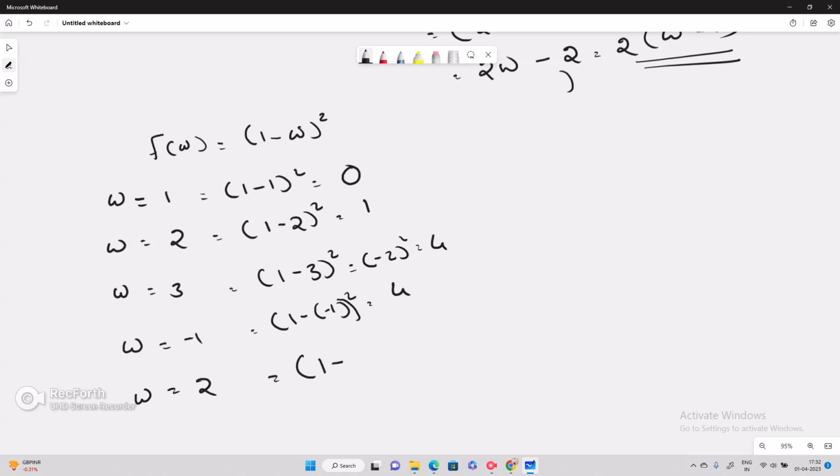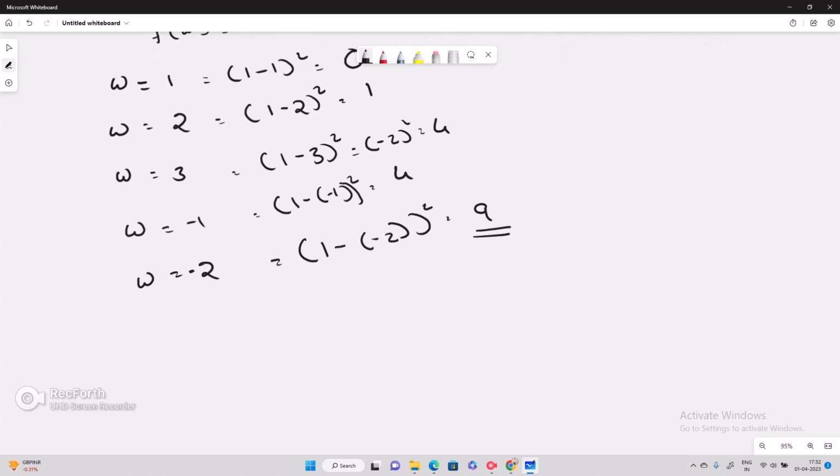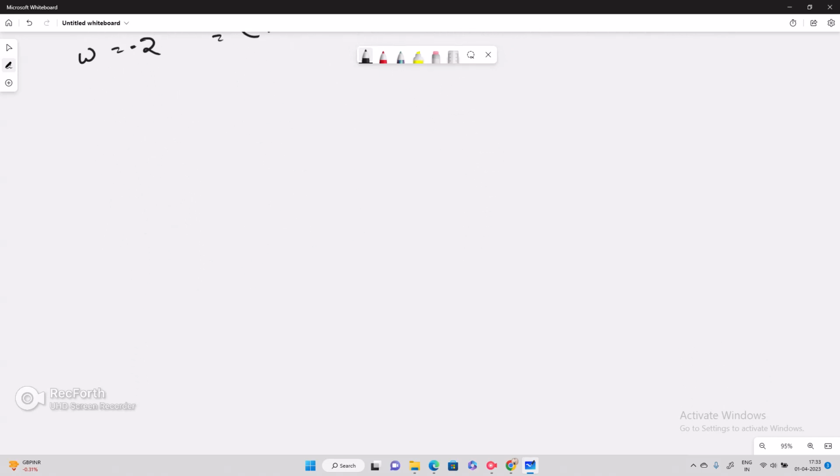And if W is equal to minus 2, this will be 1 minus minus 2 all squared, which is 3 squared, equal to 9. So this is our chart. Now we can try to plot this in a graph. For that, let me draw a line.